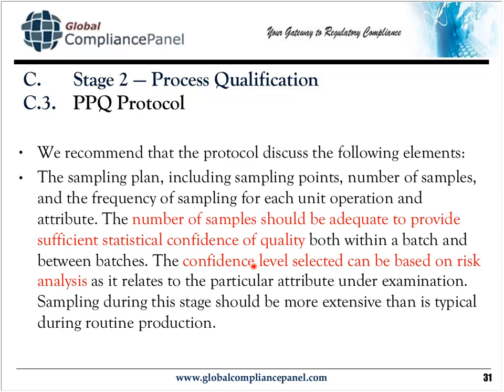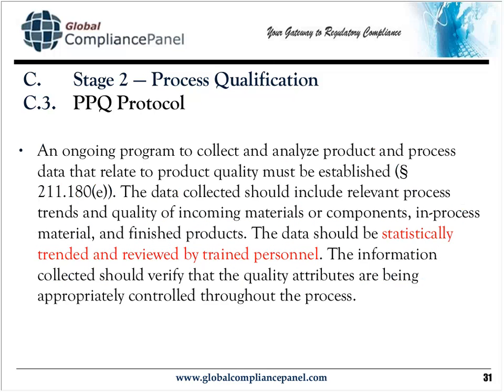So you might only do enough samples, for instance, to give you 90% confidence. Whereas if you have a step, for instance, that generates an impurity that's known to be toxic, you probably want to have about a 99% level of confidence in the results you get at that step. So you would need to adjust your level of confidence in your statistical studies.